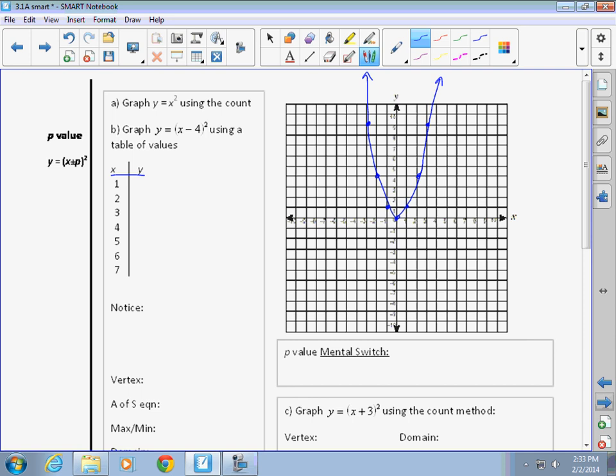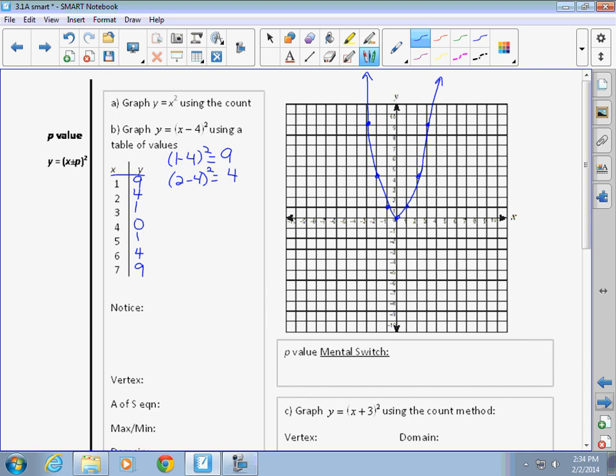So if I use a 1, I have 1 minus 4 all squared, so that's negative 3 squared is 9. 2 minus 4 squared is negative 2 squared is 4. And then we just keep going on and on. So this is 9, 4, at 3 it's at 1, 4 is 0, 5 is 1, 6 is 4, and 7 is 9.